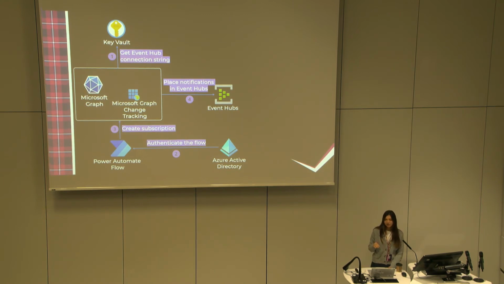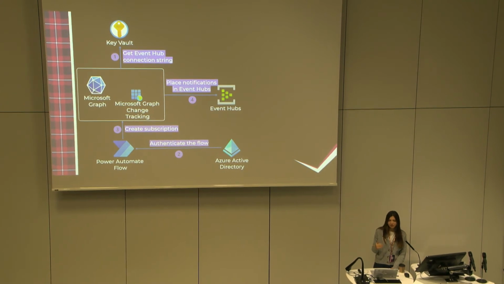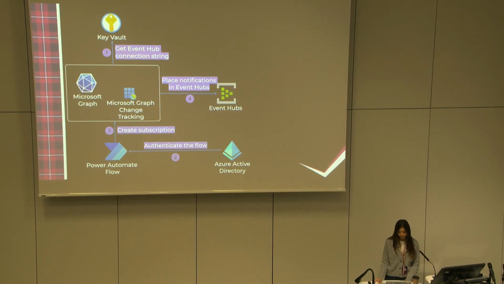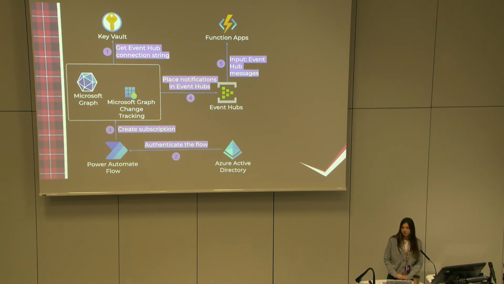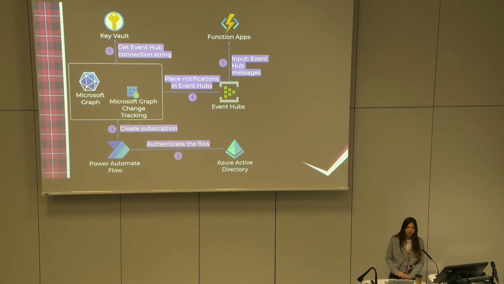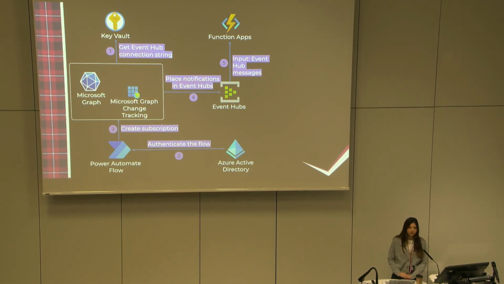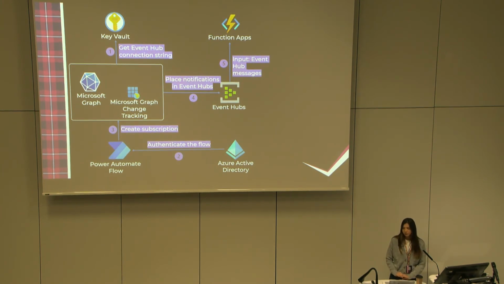Let's check out how we are going to get this data from Event Hub to the React app. To do that, we will use function apps. We will build Azure function apps. You can do that either locally in your Visual Studio Code, or on the Azure portal. We will define the input as Event Hub messages.